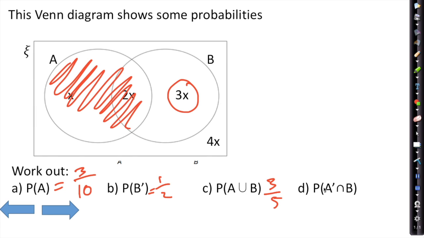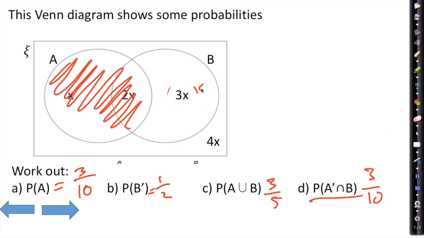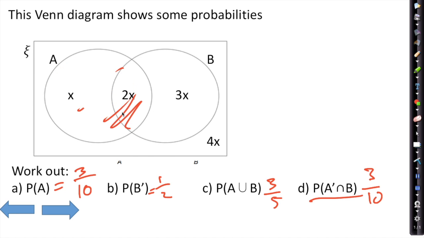We're not using A dashed and B, we're not using that part, but it is going to be in B. So this notation means just this bit here, excluding this one. So it's going to be 3x over 10x again. However, that simplifies to 3 over 10, and that will give us the answer to all of these.